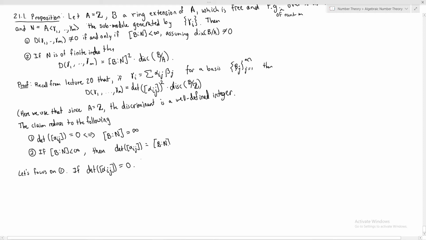Okay. Well, essentially we can find some non-trivial linear relation amongst these gamma sub i's. Okay.